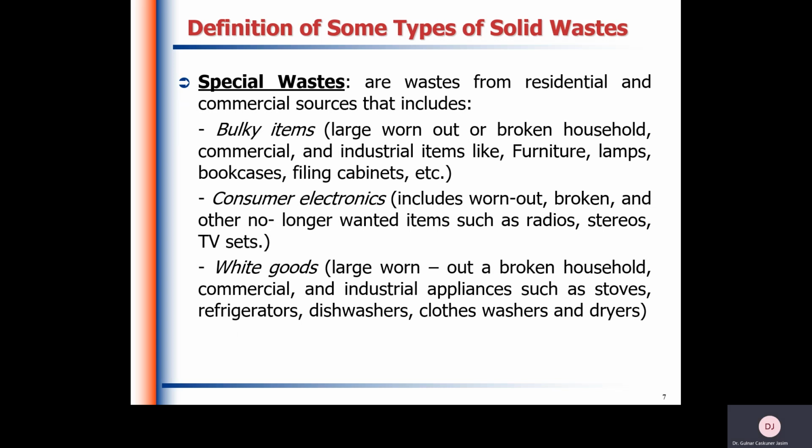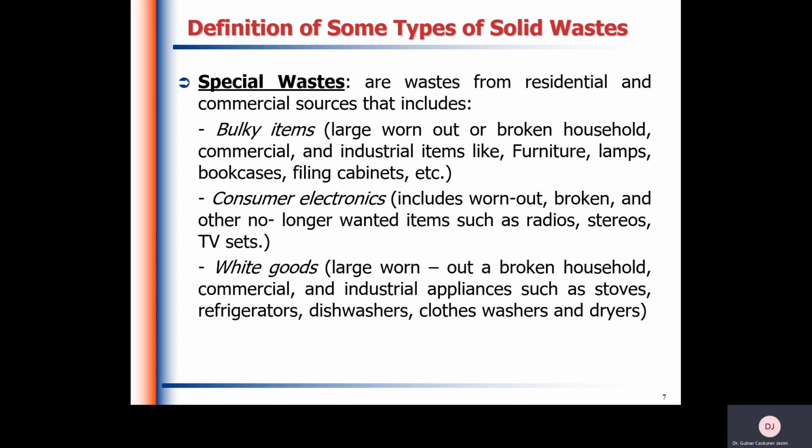Special wastes. There is also a group of waste categorized as special waste. These are the wastes from residential and commercial sources that can include bulky items, consumer electronics, and white goods. Bulky items are large, worn out, or broken household, commercial or industrial items like furniture, lamps, bookcases, filing cabinets.